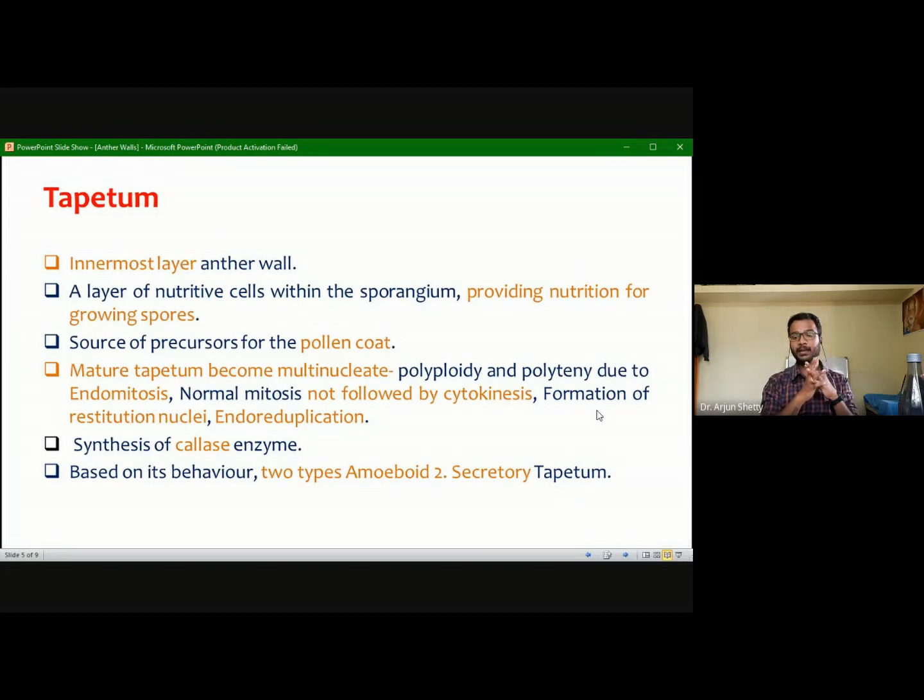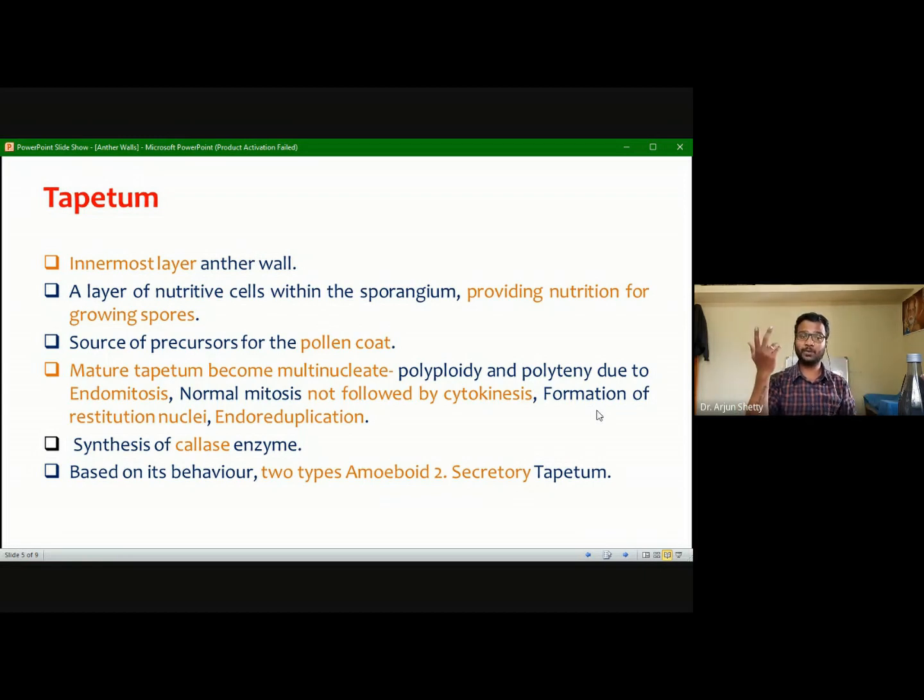Now we are at the important part of today's topic, the tapetum. The tapetum conducts two important functions. It lies very near the spore developing area, and its two functions are, first, protection of the internal structures, because all the walls protect the internal structures.